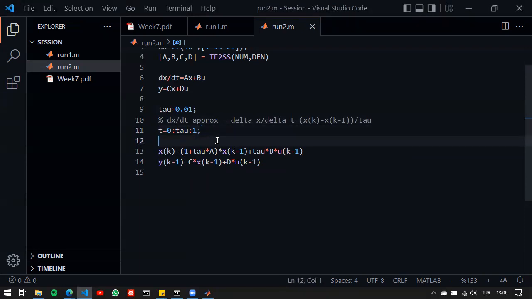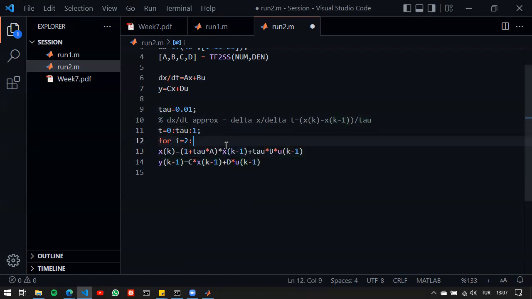And then what we will do is we will start at a certain time instant. Since we are using the previous time instant here, we will code a for loop here. But we'll start with the second element, because if I plug in k equals 2, then k minus 1 will be equal to 1, and all indices start at 1.